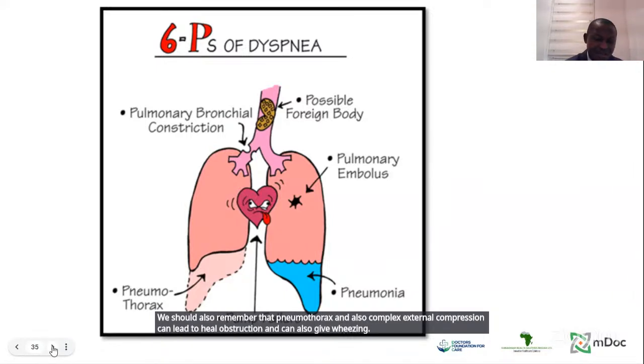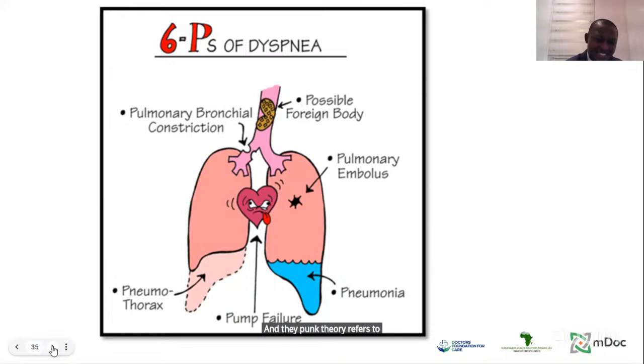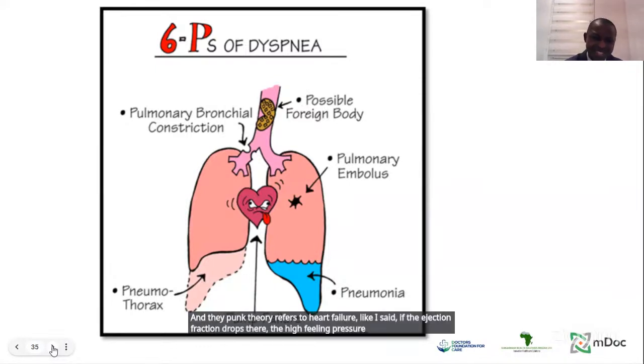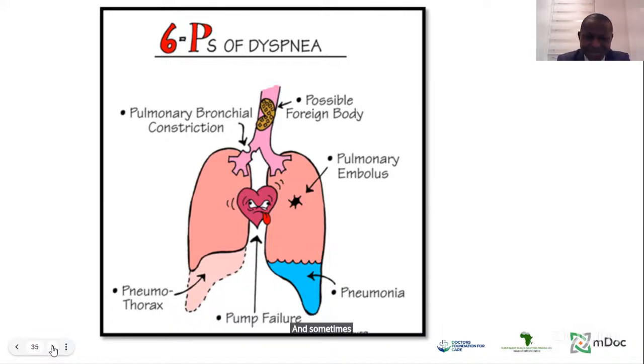And then pump failure, that refers to heart failure. Like I said, if the ejection fraction drops, there will be high filling pressure, there will be increased left atrial pressure, which will lead to pulmonary congestion, and the patient can present with wheezing. Pneumonia also can cause consolidation in the lungs and airway obstruction, turbulent airflow, and can present with bronchial breathing and sometimes with wheezing and crepitations.